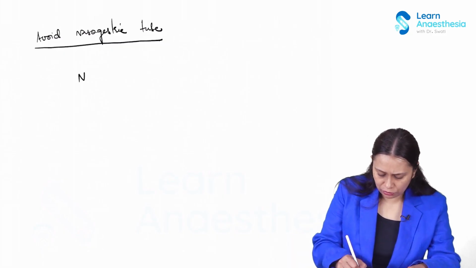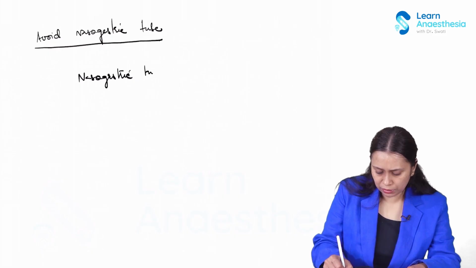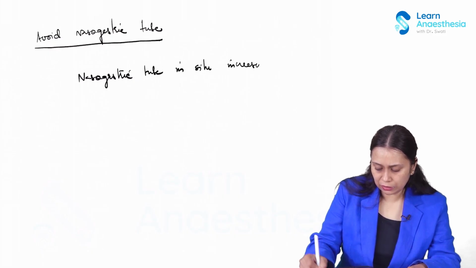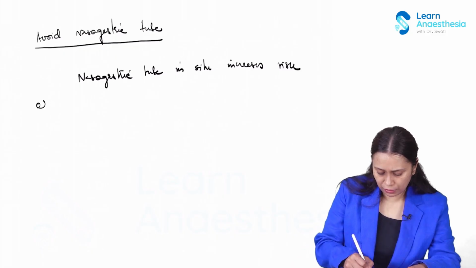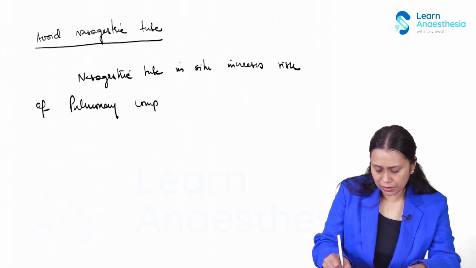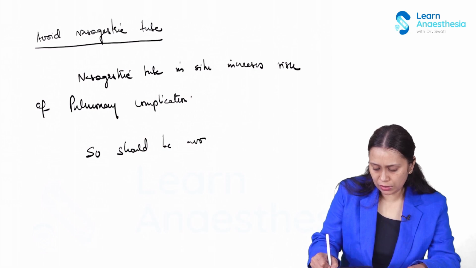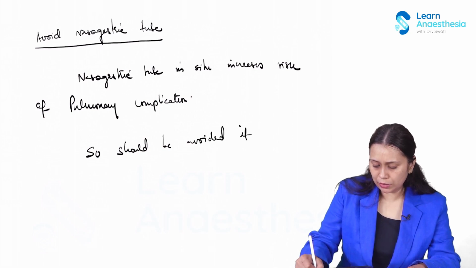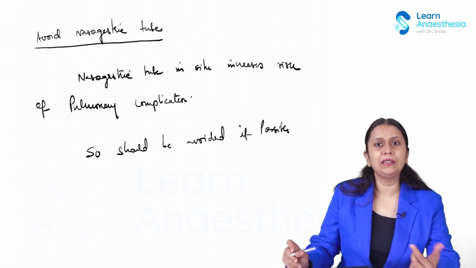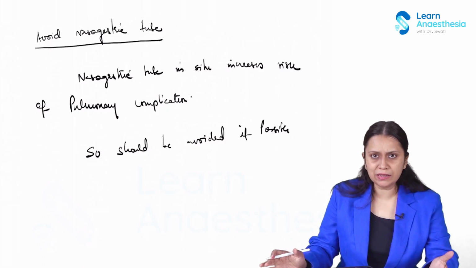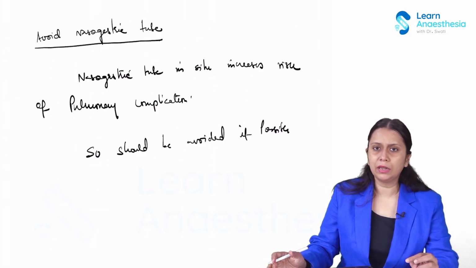So, nasogastric tube in situ increases risk of pulmonary complication, right? So, should be avoided if possible. It should only be there when it is required. Unnecessary nasogastric tube should not be introduced.